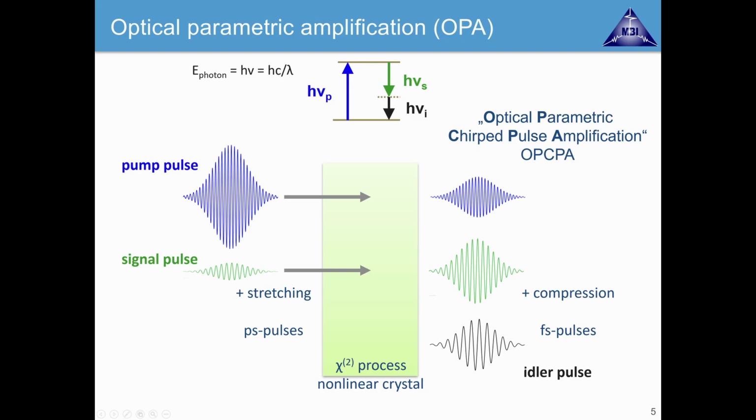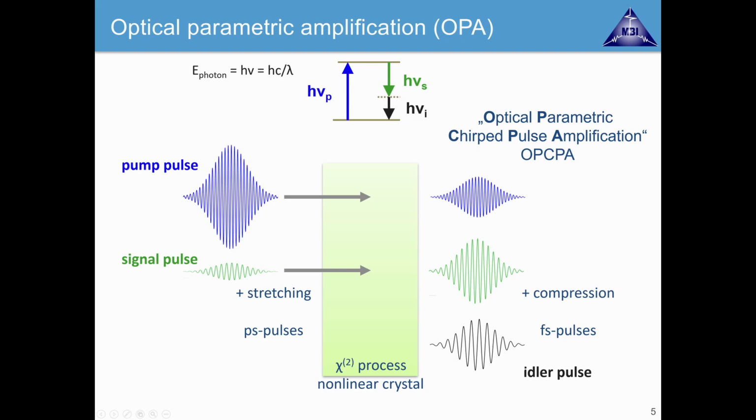This is an amplification process that takes place in a nonlinear crystal and relies on a chi-2 process, where you have an energy conversion between pump pulse and signal pulse, which results in a so-called idler. In reality, we have a pump pulse, which is the most energetic one and also the one with the shortest wavelength, and a signal pulse, which we send into this nonlinear crystal.